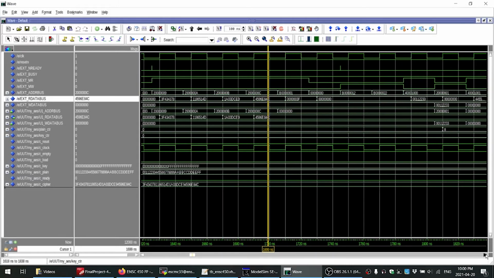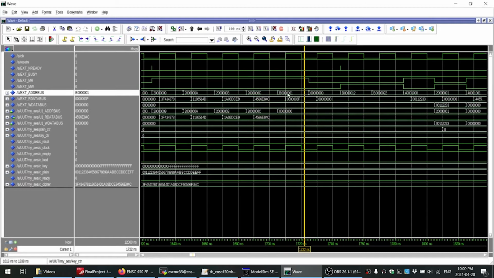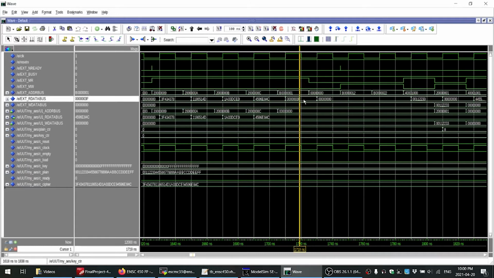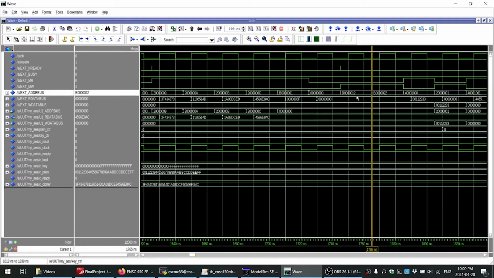Now, here we're reading the counter value for how long the first test case took, and it took these many clock cycles. And then the second test case comes.